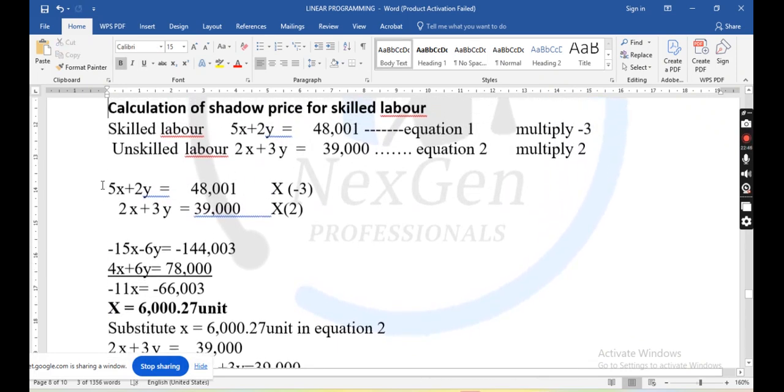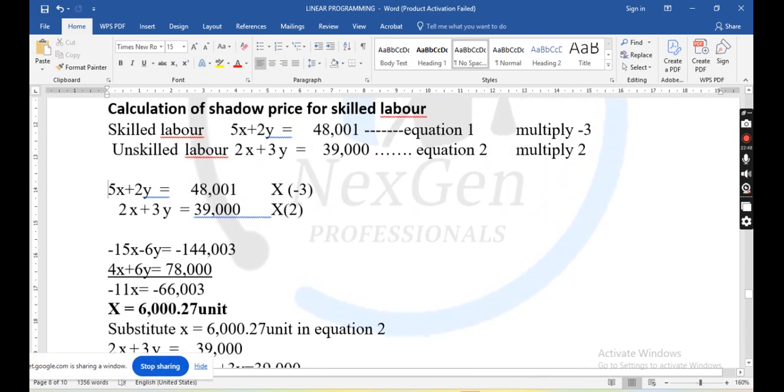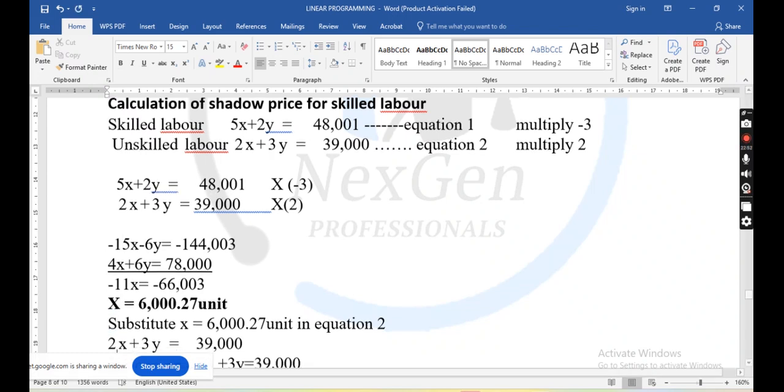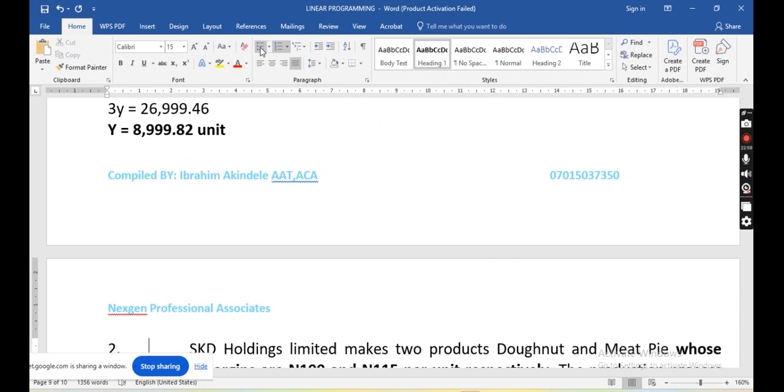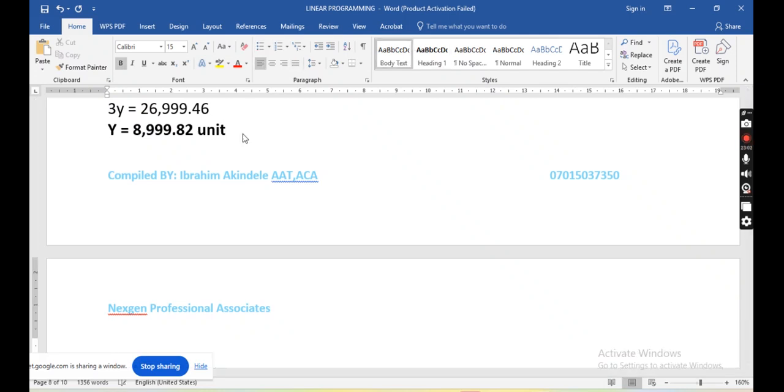Class, we have increased it by 1. We're able to get this, then we multiply, and we have our x and y. So the next step is to determine the total contribution.